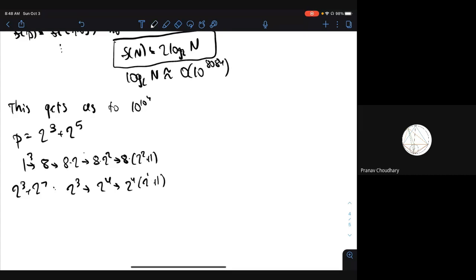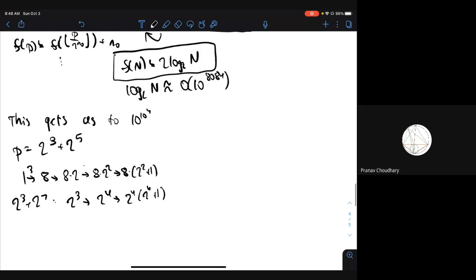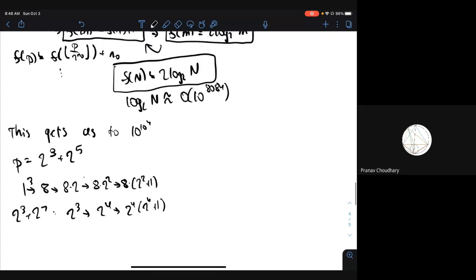We have to do this because the gap between 7 and 3 is 4. So it depends on the gap between the exponents. That's what I'm saying, it's a property of the number, the fact that 5 minus 3 is less than 3, basically.